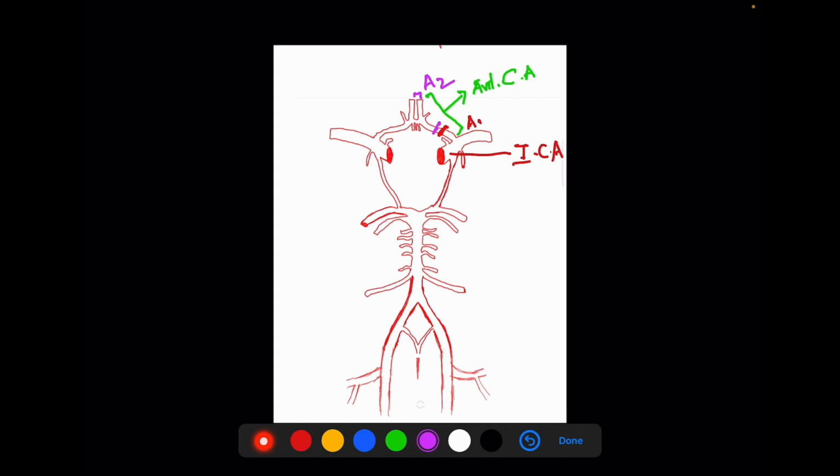Please remember both segments, just like here we have P2 and this one is P1 for posterior cerebral artery, and for anterior cerebral artery, as you can see here, A1 and A2. This is a little bit brief about circle of Willis and the branches which contribute to make the circle of Willis. Now coming to our next part.